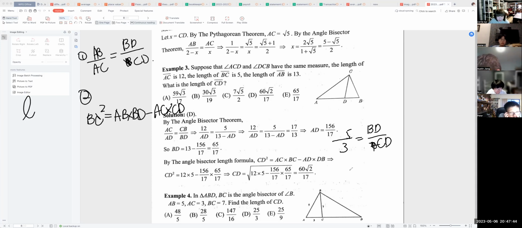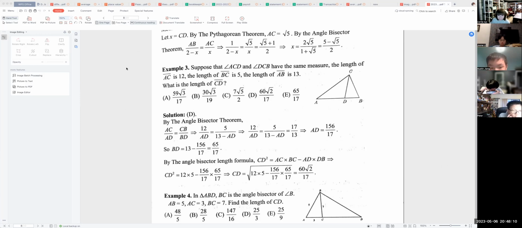I'm sorry. Yeah, it's BC. BC squared is 7 squared equals 5 times BD minus 3 times CD. So because of that, we have two equations with two variables, right? We can calculate this out. Okay, so let's just do the next one.